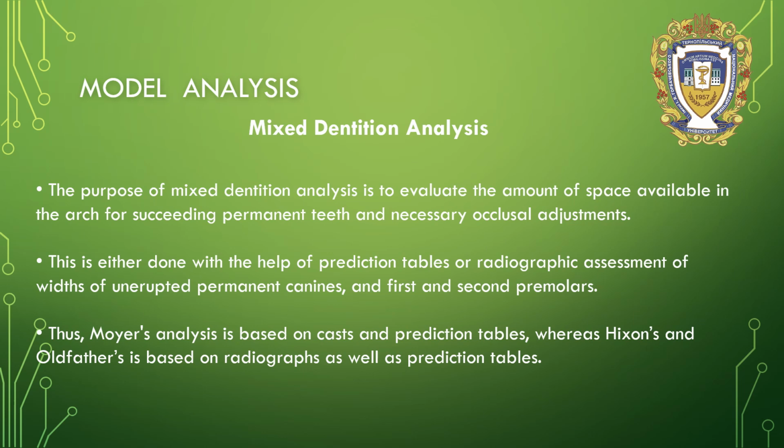This is either done with the help of prediction tables or radiographic assessment of width of unerupted permanent canines and first and second premolars. Thus, Moyer's analysis is based on casts and prediction tables, whereas Hickson's and Oldfeather's is based on radiographs as well as prediction tables.